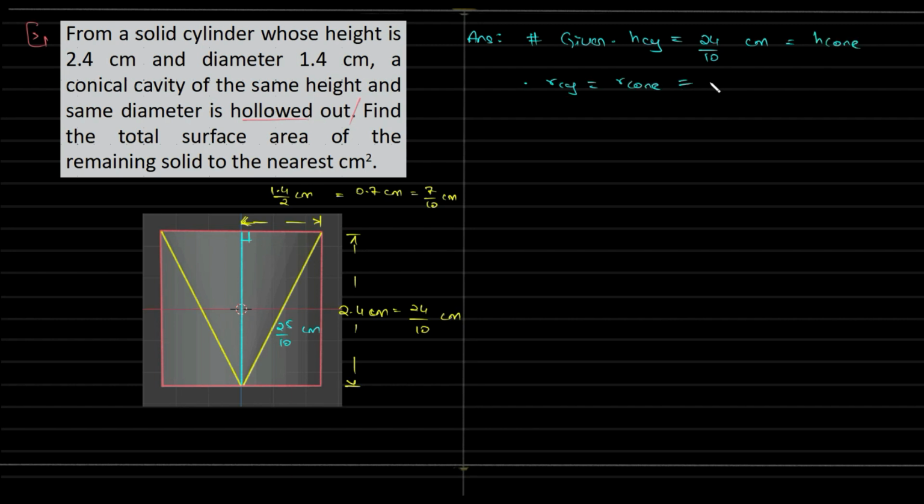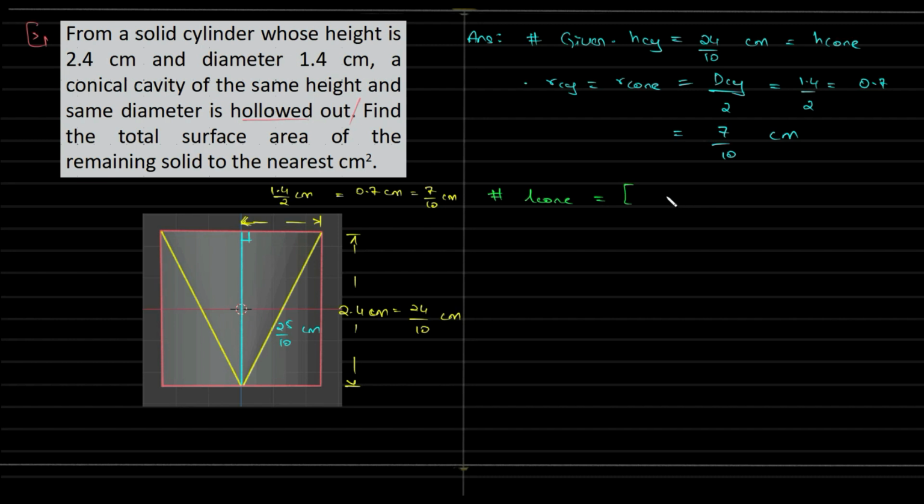Diameter of the cylinder by 2, which is 1.4 by 2, is 0.7, and I'll write it as 7 by 10 centimeter.